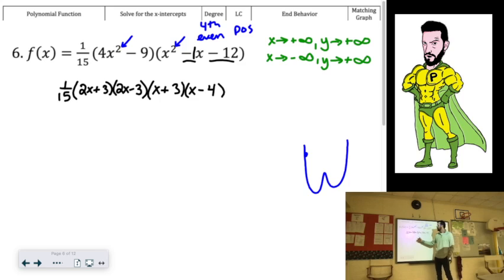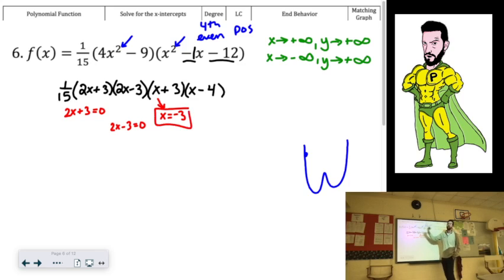Now, to solve these, we're solving 2x plus 3 equals 0. We're solving 2x minus 3 equals 0. We're solving x plus 3 equals 0, but we would just subtract the 3. So I'm not going to write that one. I'm just going to say x equals negative 3. Same thing here. It says x minus 4 equals 0, so you would add the 4, and x equals 4. So those two are easy, but these two are two-step equations that we have left.